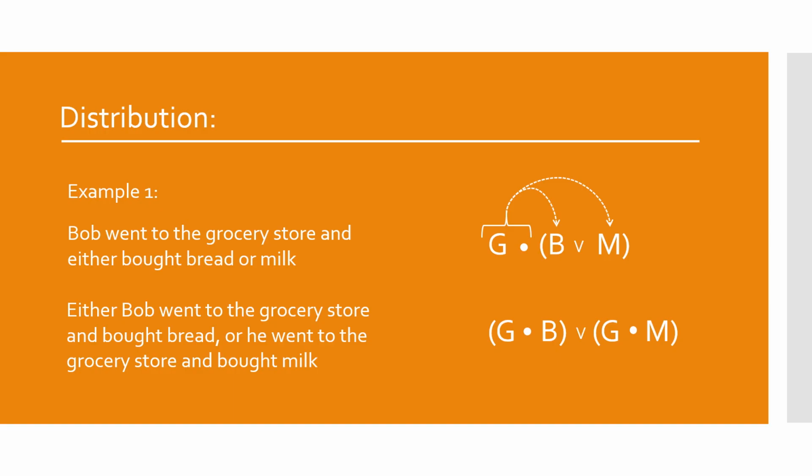So instead of Bob went to the grocery store and either bought bread or milk, I'm going to say either Bob went to the grocery store and bought bread, or he went to the grocery store and bought milk. And so what I do is simply distribute the G and part of this to each of these two terms, B and M, and then I put them together into a disjunctive statement.